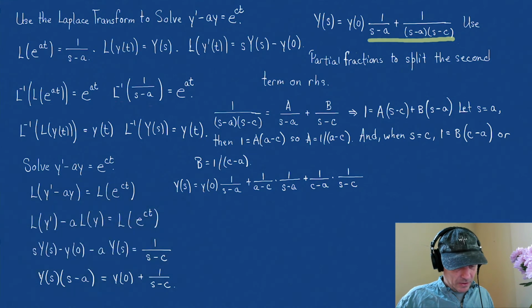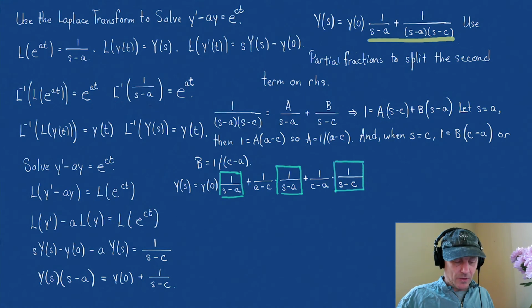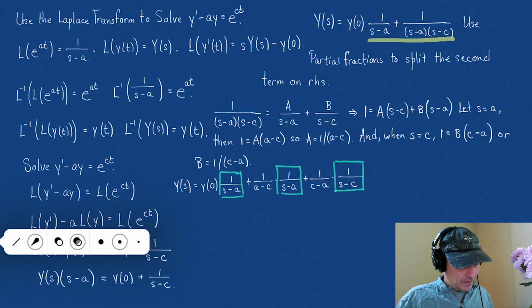Remember, it's a linear operator, so the coefficients can get factored out, and we're applying it to the factor of each term that is a function of s. And so the 1 over a minus c, the y of 0, and the 1 over c minus a are just constants. So let's apply this now.